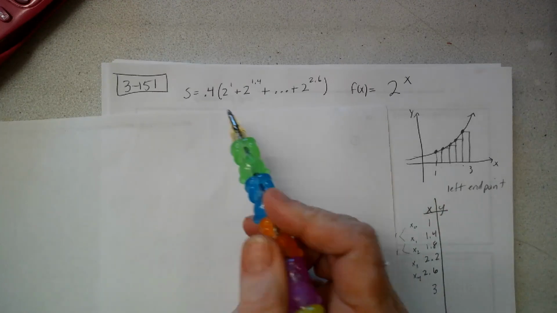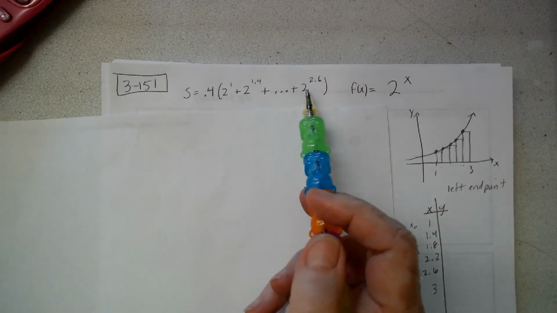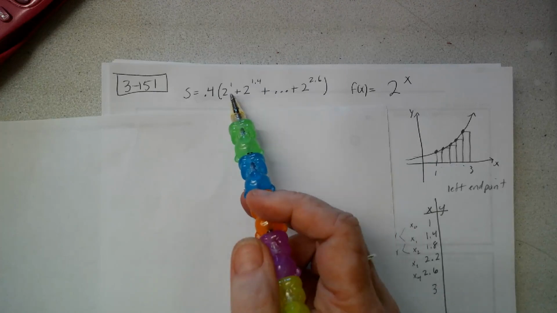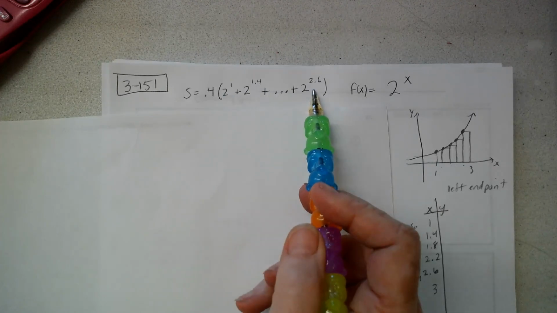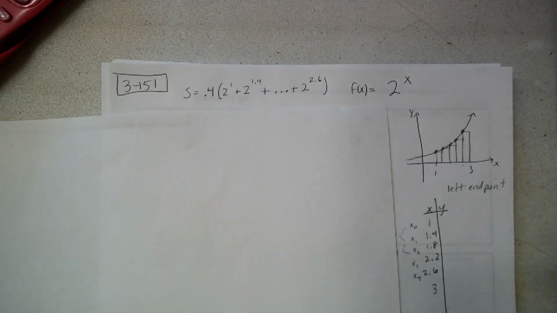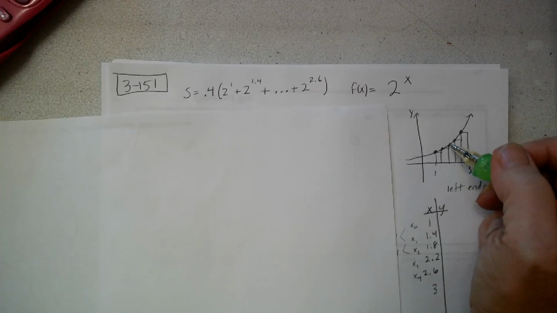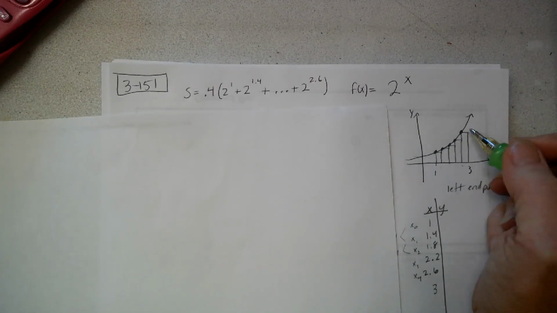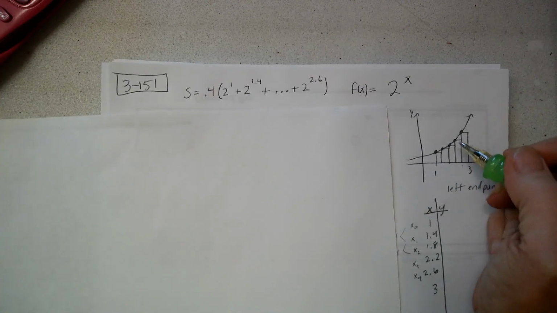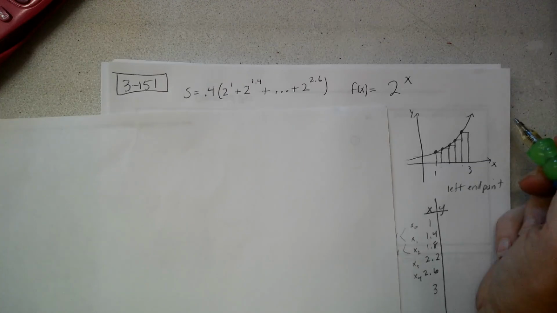And I know that because of this 0.4, we've been finding the area under the curve by adding up all the heights of however many rectangles there are. We add them up and then we multiply by the width.